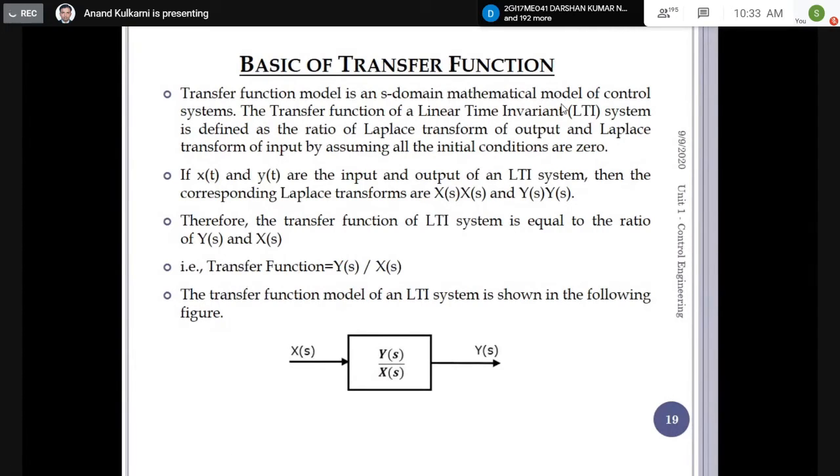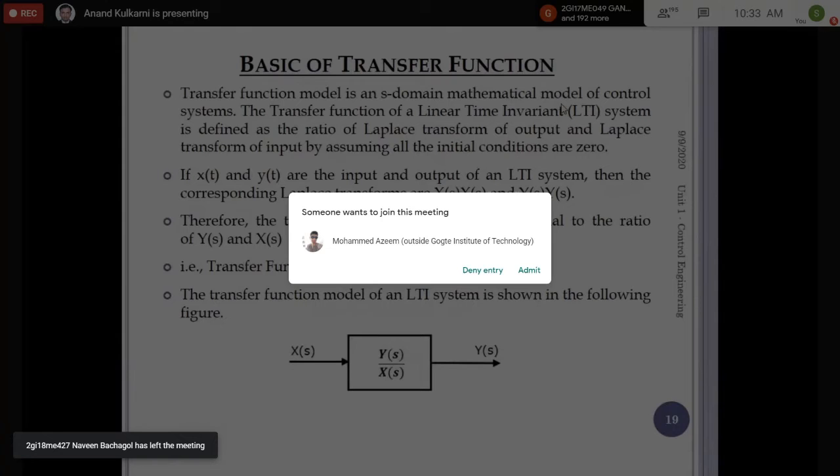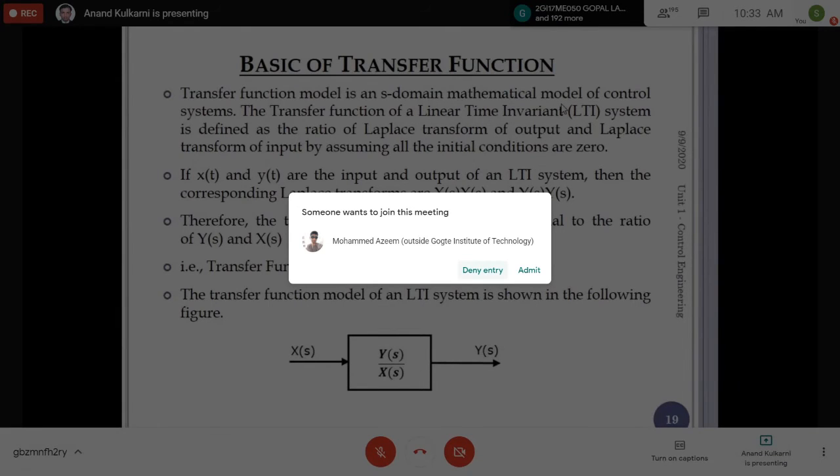So time variant systems cannot be discussed here. We cannot discuss the transfer function of that; we have to discuss only when time is the independent variable and appears in the denominator, d square x by dt square. So t should not appear anywhere in the numerator, in a crude sense. So that becomes a time invariant system.